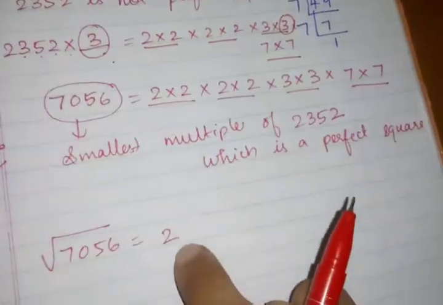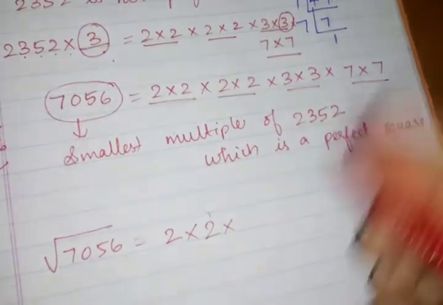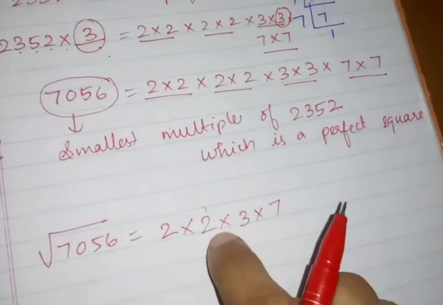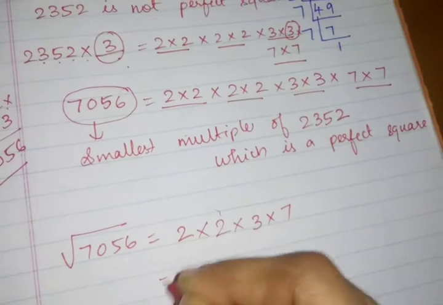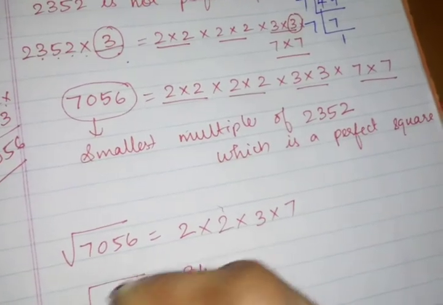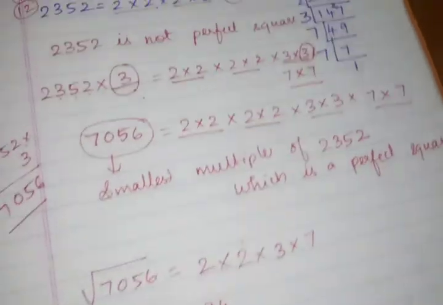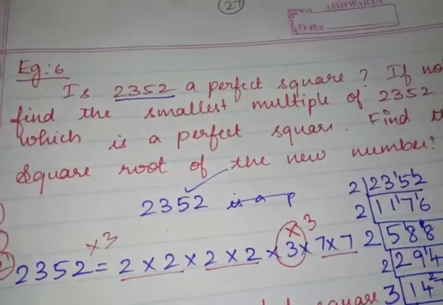In these two only 1, in these two only 1, in these 3 I will write only 1, the 7 I will write only 1. So 2 2s are 4, 4 3s are 12, 12 7s are 84. So what is the square root of 7056, children? 84.